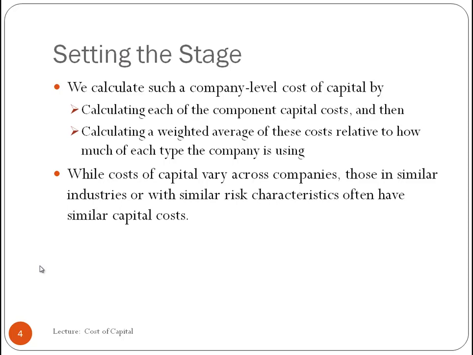While the costs of capital vary across companies, those in similar industries or with similar risk characteristics tend to have similar capital costs. These are things that are unique for each company, and you have to calculate them each individually. But generally, companies in the same industries with similar characteristics will have pretty close to the same capital costs.